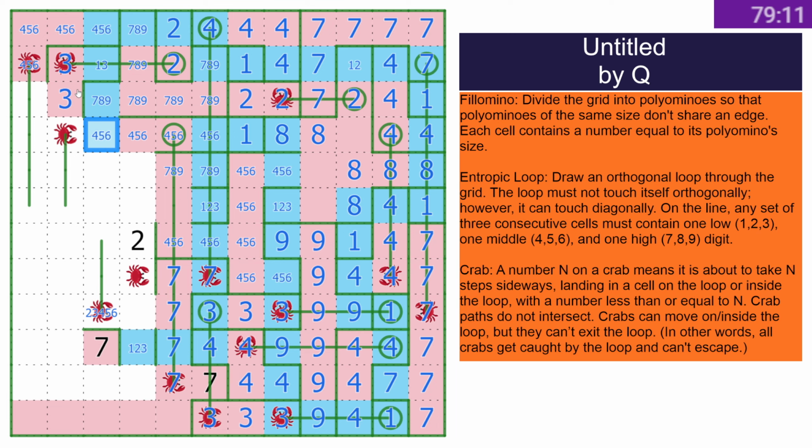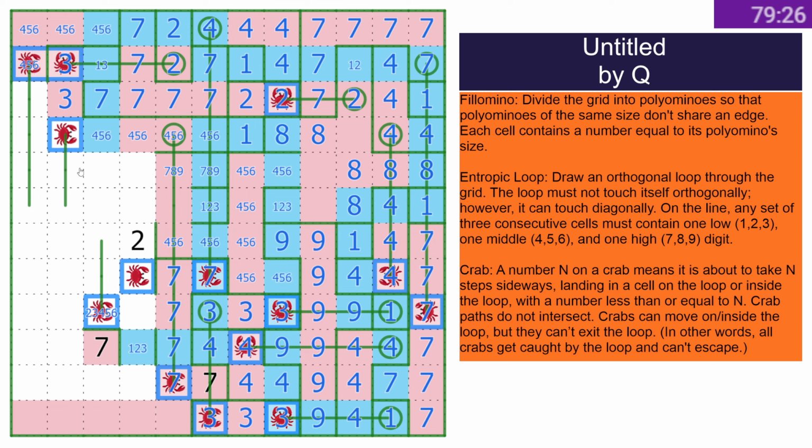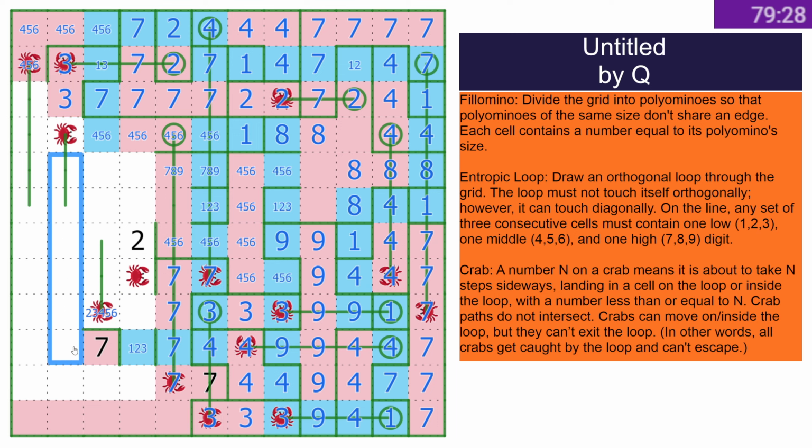It's 4, 5, and 6 there. Gonna have to come out this way at some point, of course. That more 7s. But that shouldn't really be an issue. 1, 2, 3, 4, 5, 6, 7. That were 7.